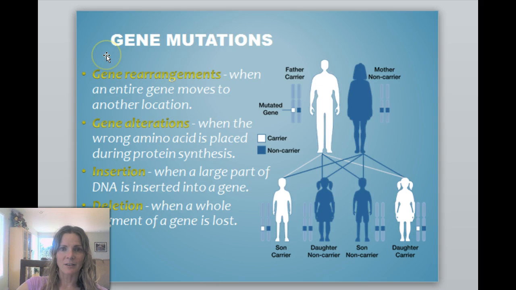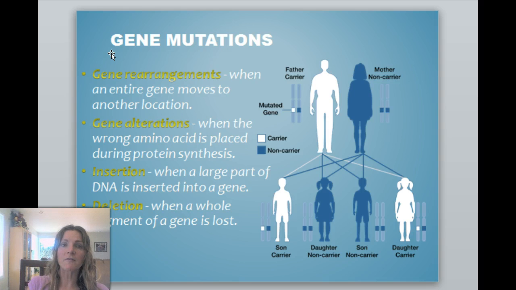Gene mutations, and I have some good videos for you guys in just a moment, and also when we meet together. But gene mutations are something that happens all the time. Now you can have a very huge chromosomal mutation. When you think of all your chromosomes, you have 23 pairs of chromosomes. If you have a huge chromosomal mutation where you have maybe an extra chromosome or not enough chromosomes, typically those babies won't even survive.